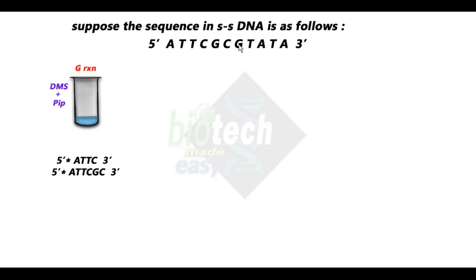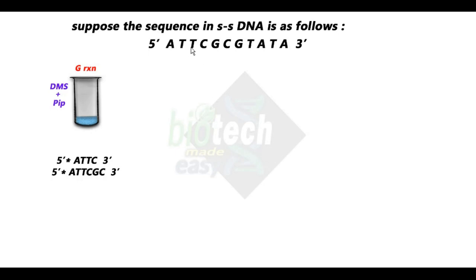So what will happen? When these two chemicals are added, they will break the chain at this point, just before G. And the second point is here. They can also break the chain at this particular point. So if the chain is broken at this particular point, what will you get?